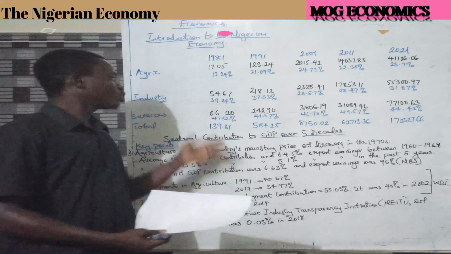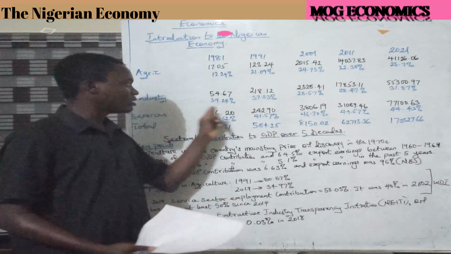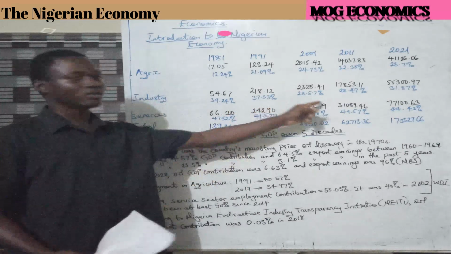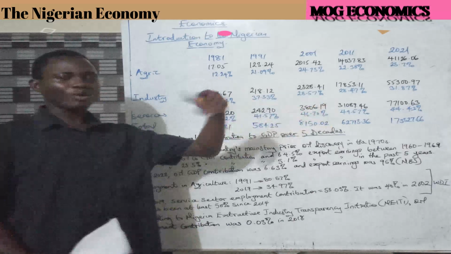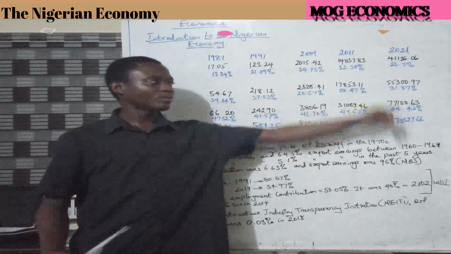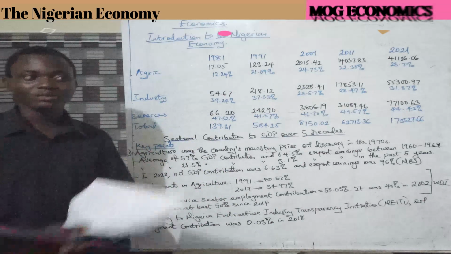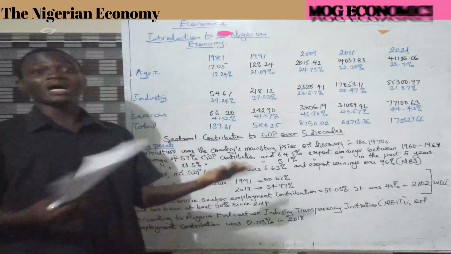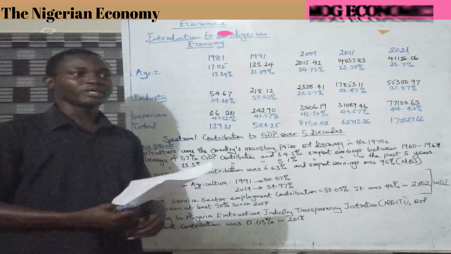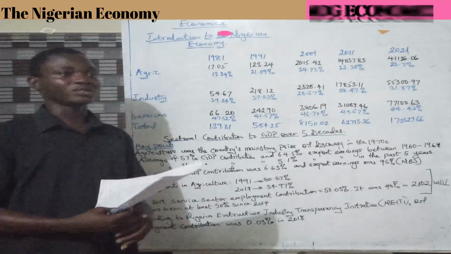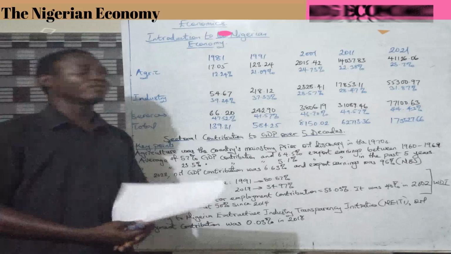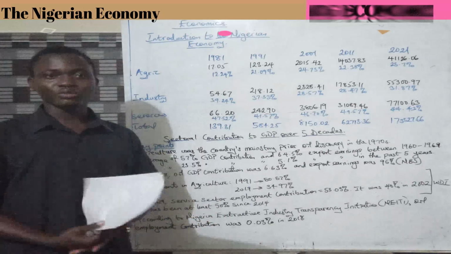Why did the sectoral contribution of the industrial sector fall? And why did it jump to 31.87 in 2021? Was that a result of a particular policy or a set of policies? Or did Nigeria experience a very good period, or maybe there was an industrial revolution? Those are part of the things that you can talk about.